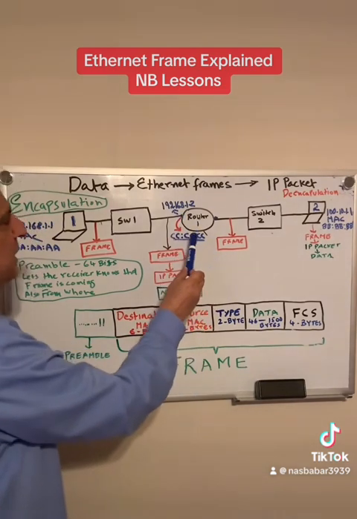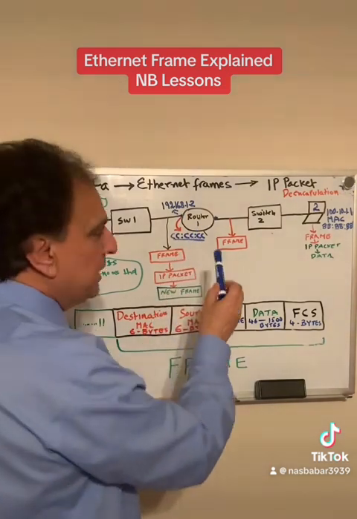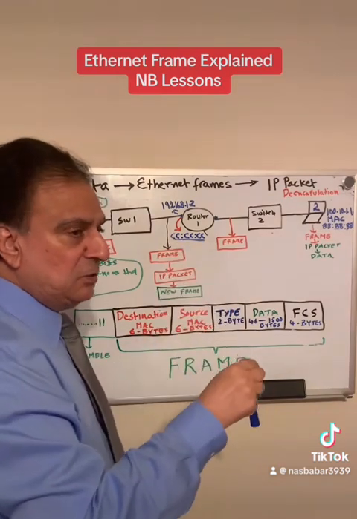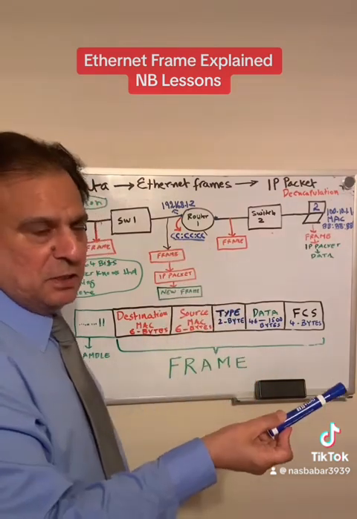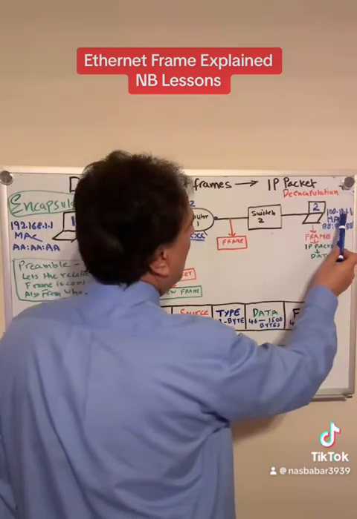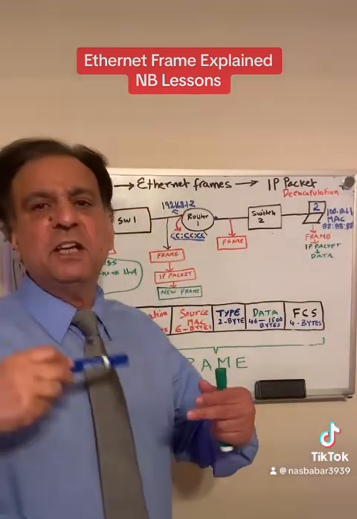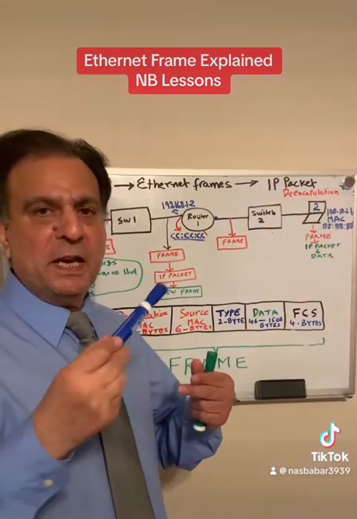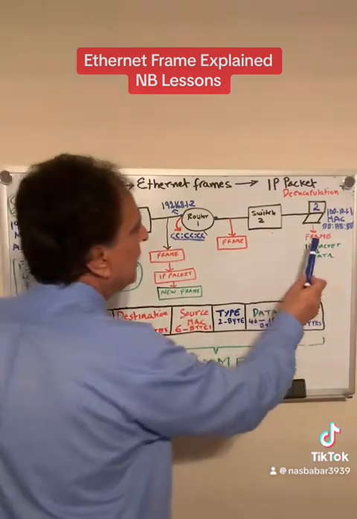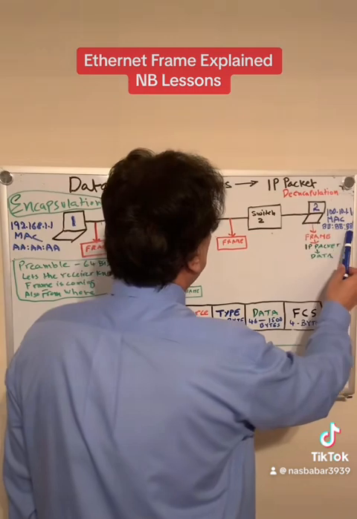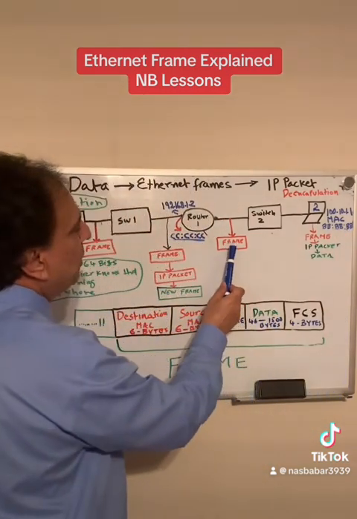The router basically looks at the frame and then looks at the IP packet inside and looks at the destination IP, which is 100.10.1.1, and then it basically creates a new frame with a new destination MAC address, which is BB, and puts it on a new frame.